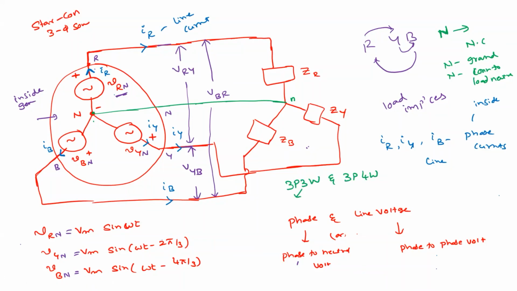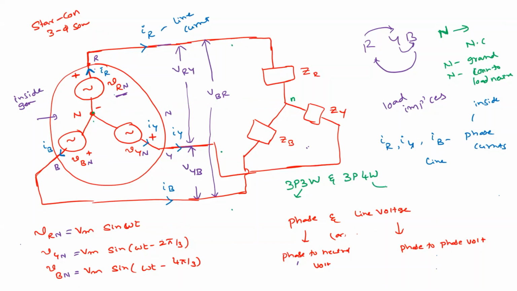If the neutral line is not there, you have only three lines, 1, 2, 3, so three wires. That is known as three-phase, three-wire. The neutral is not connected, left open.